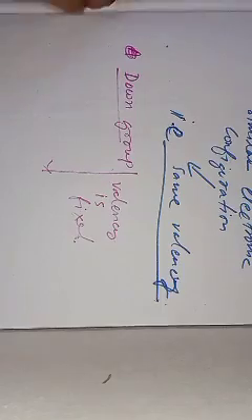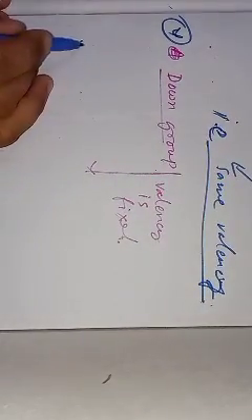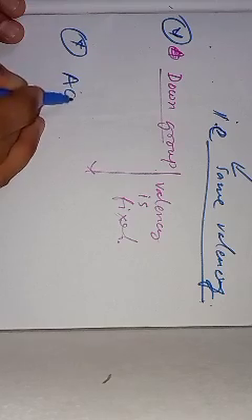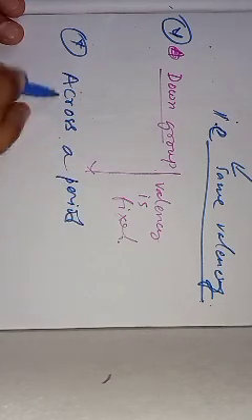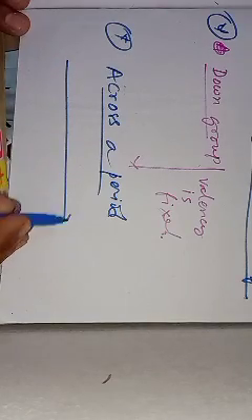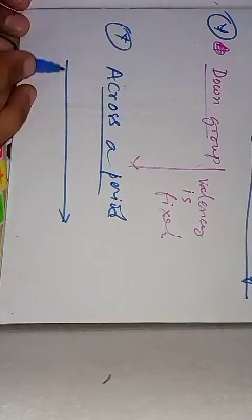But when we move across a period, it's very important, this point is very important. But when we move across a period, that is from left to right, what happens?